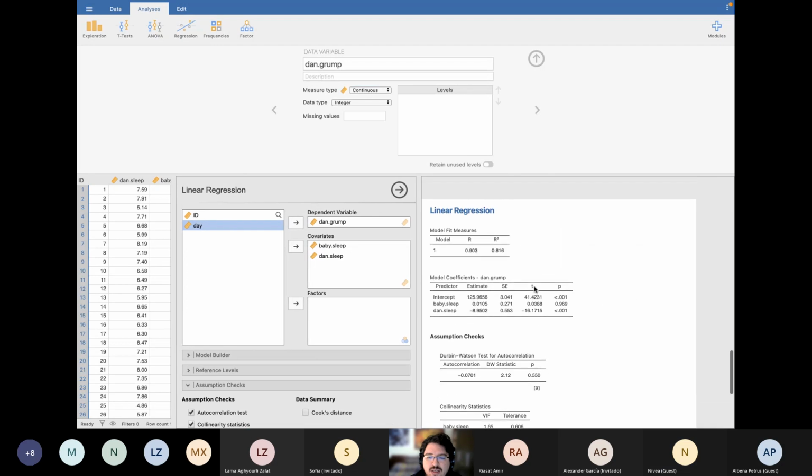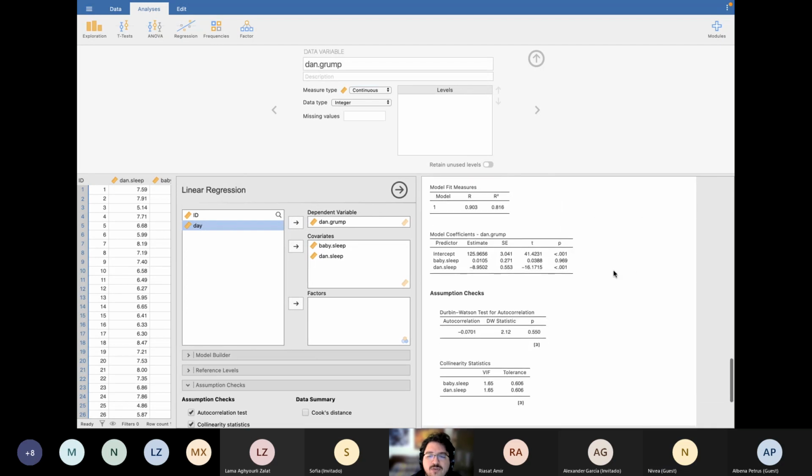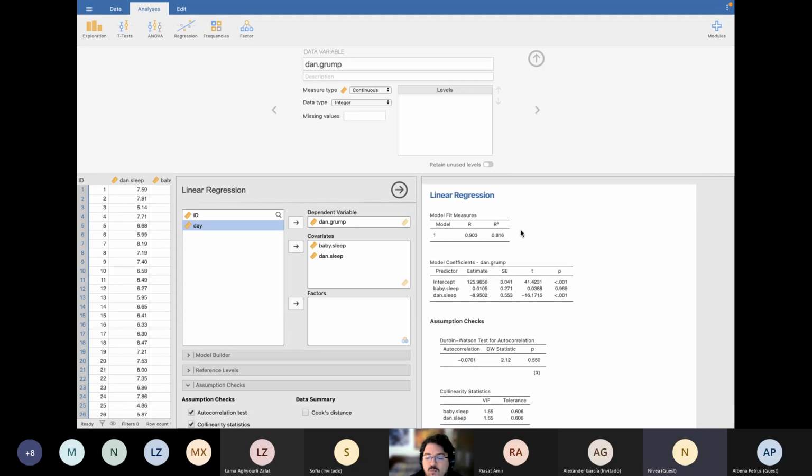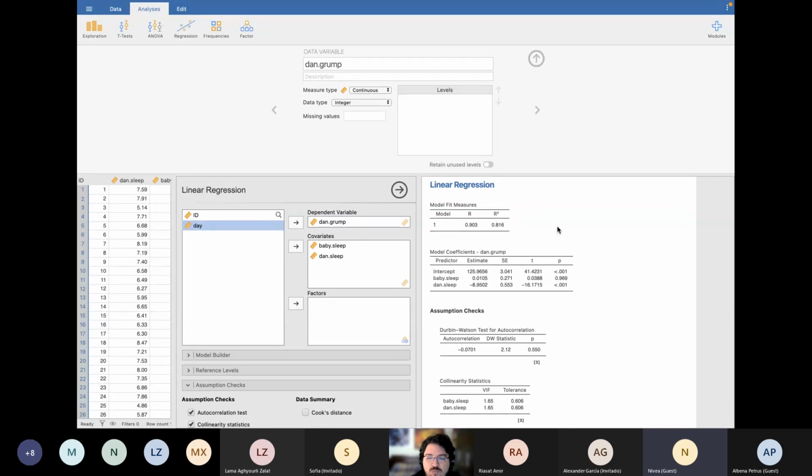What is the model fit? What do we get from model fit? The model fit shows me that there is a correlation, and the R squared shows me that the power of this correlation is close to 1, meaning that it is a strong correlation. Okay, so the R gives you the correlation.